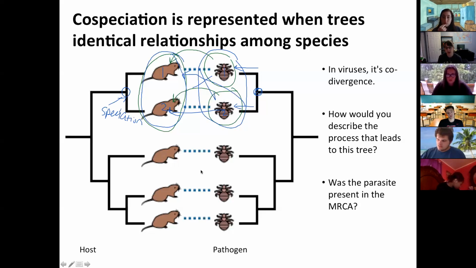And then you see the same pattern down with the other hosts and ticks, where hosts 3, 4, and 5, and ticks 3, 4, and 5. 4 and 5 are sister taxa both in the host and the pathogen, and then the number 3 is sister to 4 and 5. So now they have the exact same phylogenetic relationships in their separate trees. Does that make sense? So that's what we mean when we say co-speciation is represented by the fact that they have the same relationships in the trees. Okay? All right.